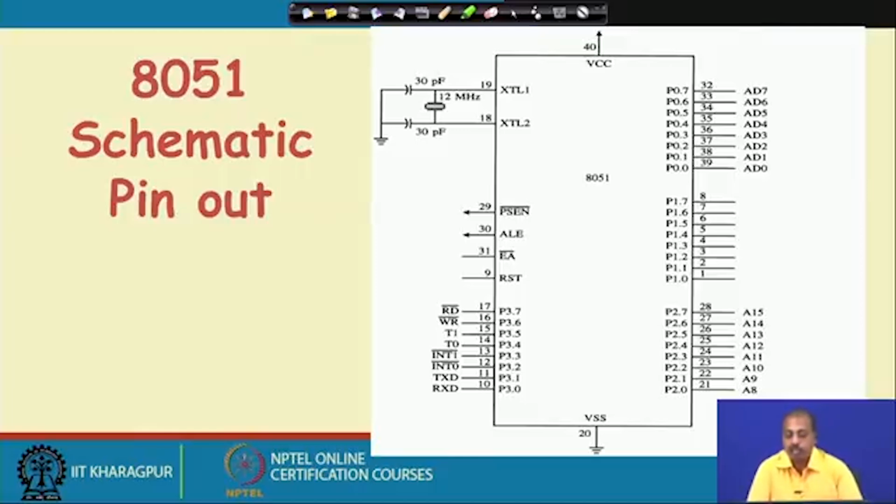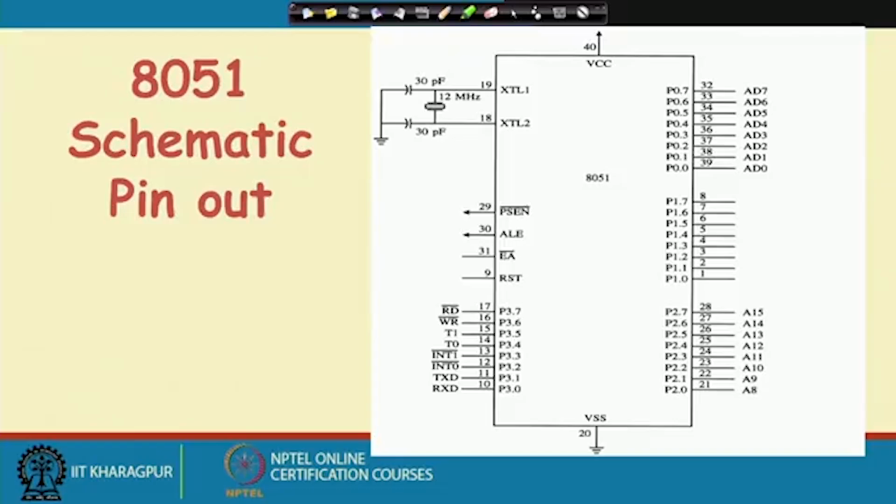Many of these pins are multiplexed. Port 0, pins 32 to 39, act as port pins as well as the multiplexed address-data bus AD0 through AD7. Here also, like the 8085, the bus is multiplexed: the lower order address bus and data bus share AD0 to AD7.